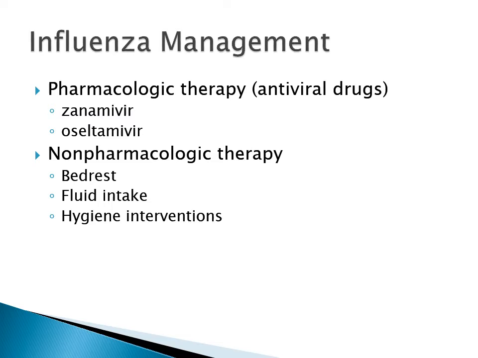In this section, we're particularly just going to focus on the management, the pharmacological therapy and non-pharmacological therapy. For medications, antiviral drugs will actually prevent the release of newly formed viruses from the surface of the infected cells and inhibit the replication of influenza A and B. Two different types: zanamivir is an inhalation medication and should be avoided for anybody with chronic respiratory conditions such as COPD and asthma.